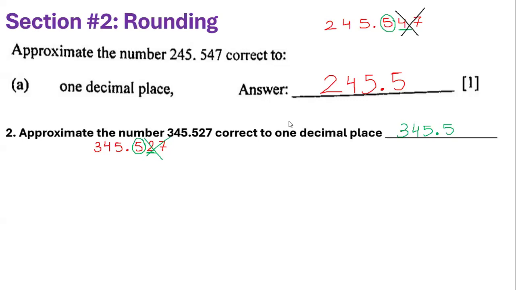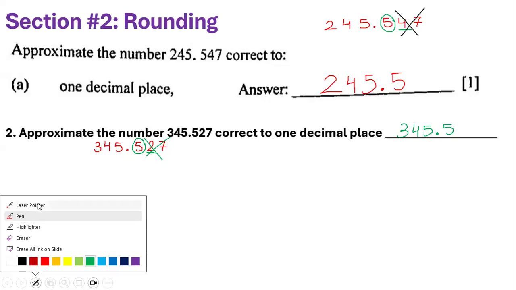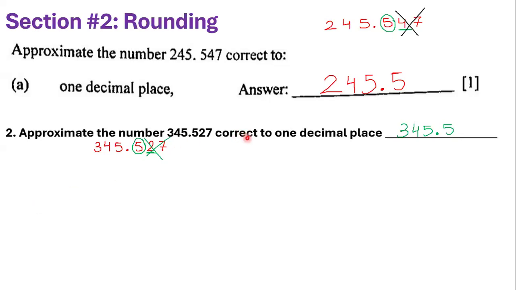You understand? Durante, are you there? Yes, sir. So they say that they wanted to what? Correct to the nearest one decimal place, right? Now, 5 is the number that's in the 1 decimal place. So we circle the 5, we underline the 2. Is 2 less than 5 or greater than 5? Less than 5.